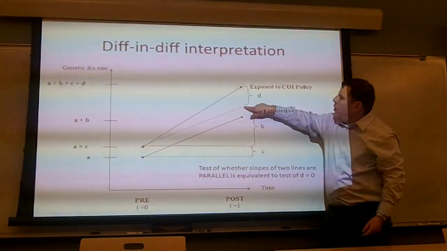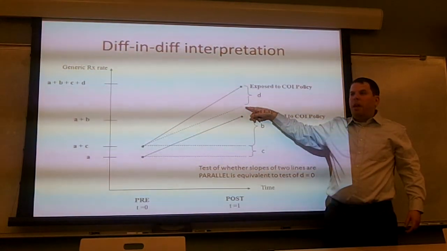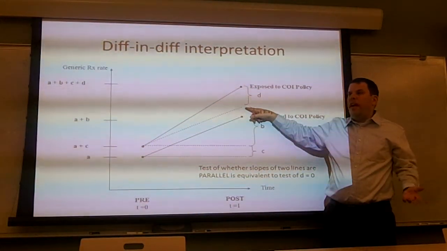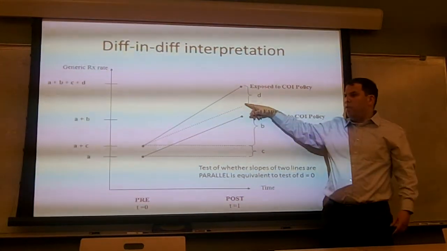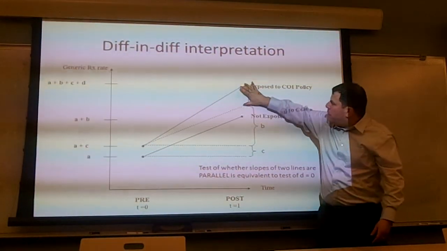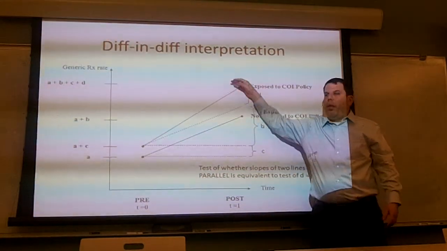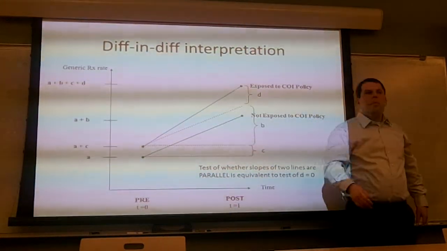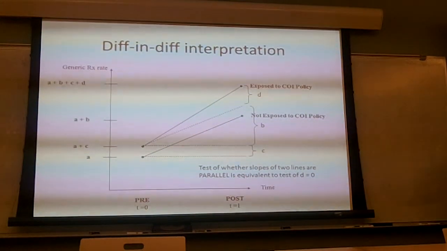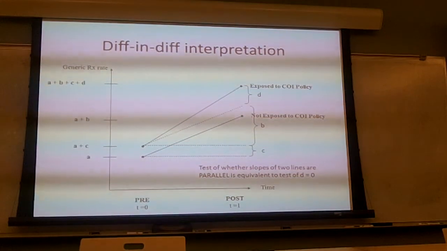So this is where we would expect the treatment docs to be if the policy had no effect, if they were the same as the control docs and nothing happened as a result of the policy. However, we observed that their D units different. In fact, their prescribing rate went up relatively more than the control docs by D units, where D is probably some percentage point difference.